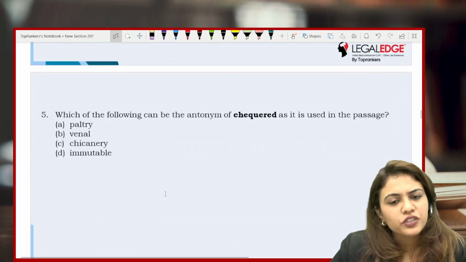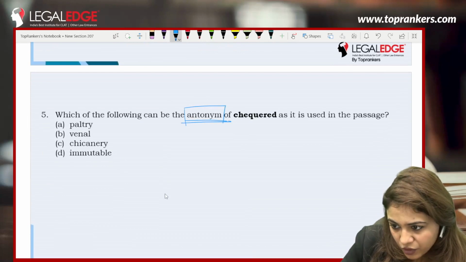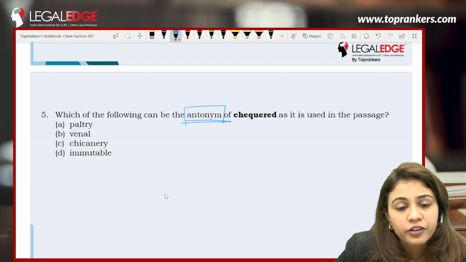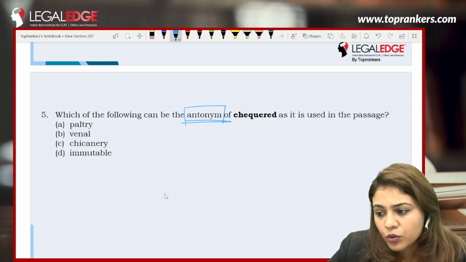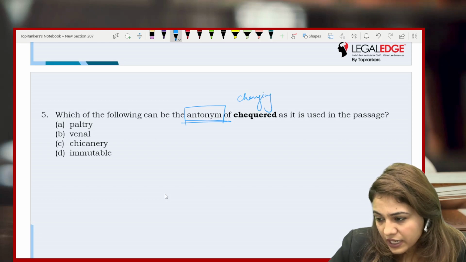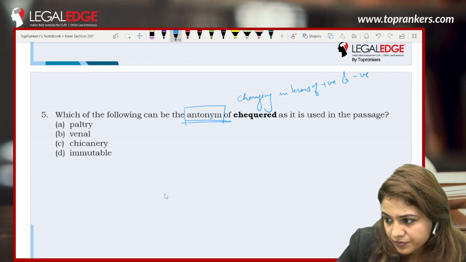And the last one, which of the following can be the antonym? I hope everybody paid attention on a very important word here. We need to find the opposite of checkered. I already told you. Checkered का मतलब होता है basically changing in terms of positive and negative moments.